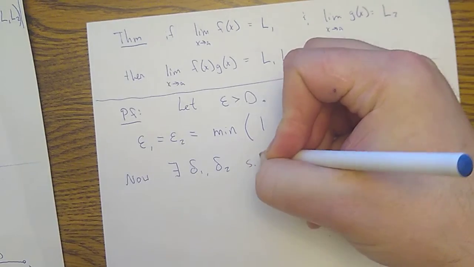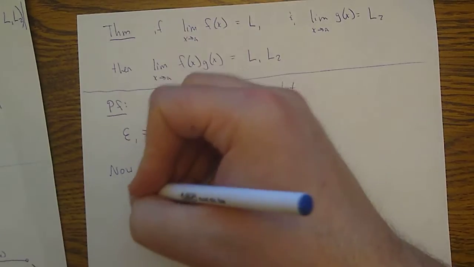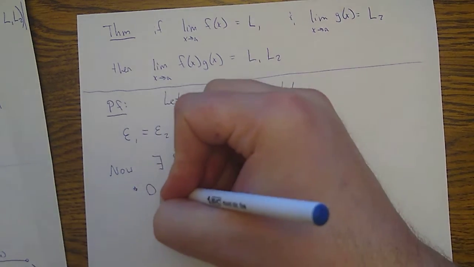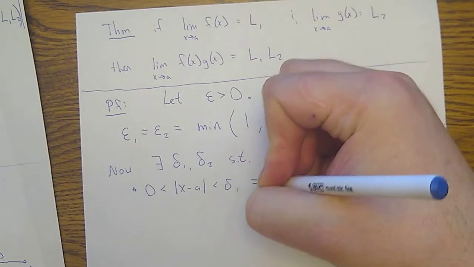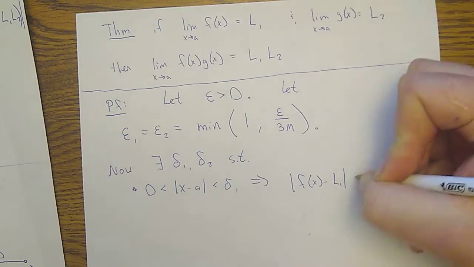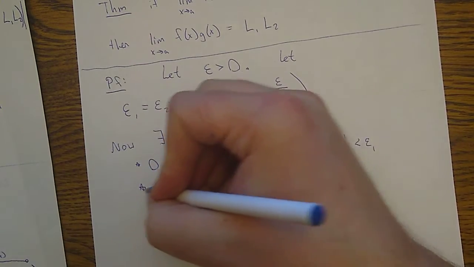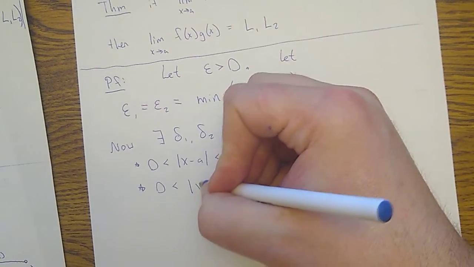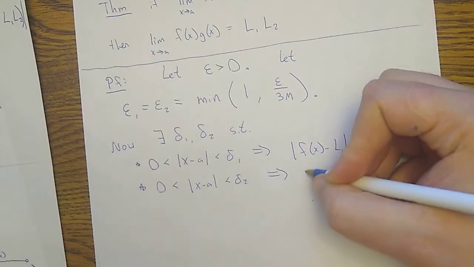So we know there exist delta 1 and delta 2 such that this implies this, and this implies this.